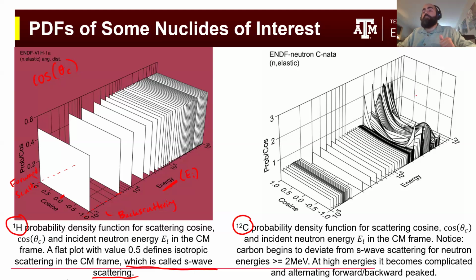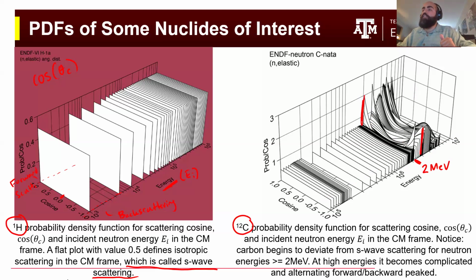Notice that for carbon, it is basically an S-wave scatterer up until around this energy right here, around 2 MeV. Past a neutron energy of 2 MeV, this starts doing really weird stuff. At some neutron energies, the distribution becomes forward peaked.